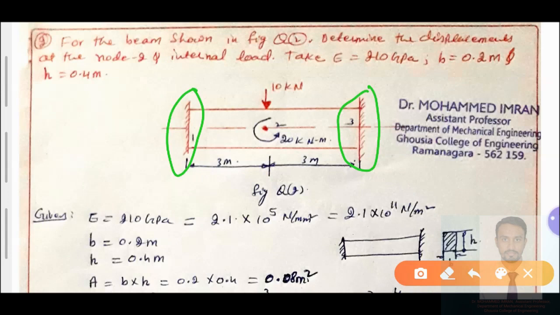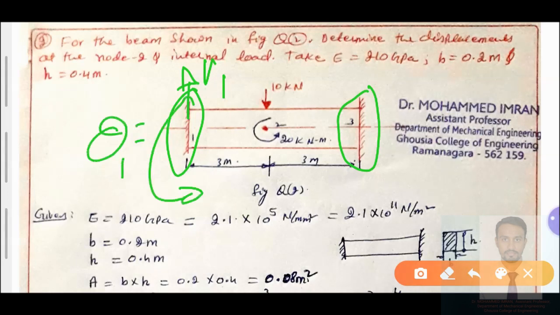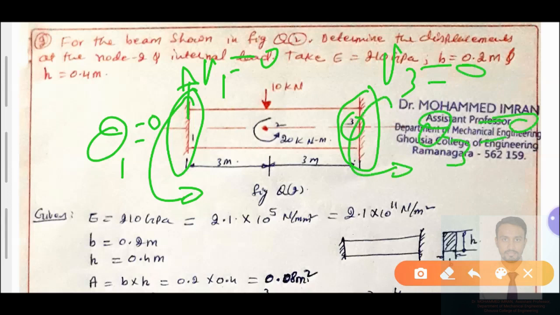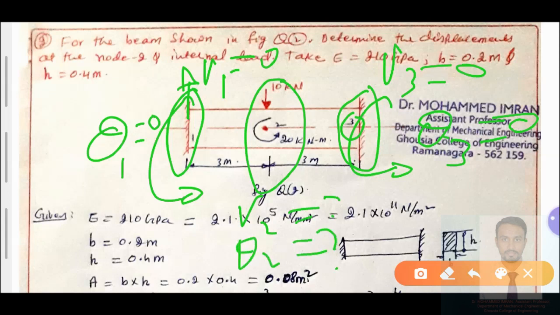In all degrees of freedom there is no displacement along the vertical or transverse direction: V1 is equal to 0, and there is no rotation, theta 1 is equal to 0. Similarly at node number 3, V3 is equal to 0 and theta 3 is equal to 0. We need to find out only at node number 2, that is V2 is equal to question mark and theta 2 is equal to question mark.